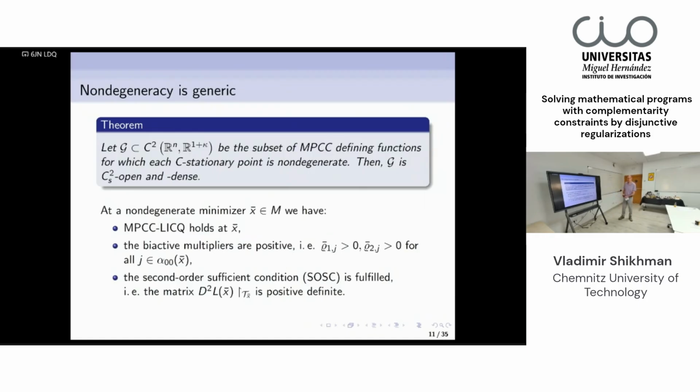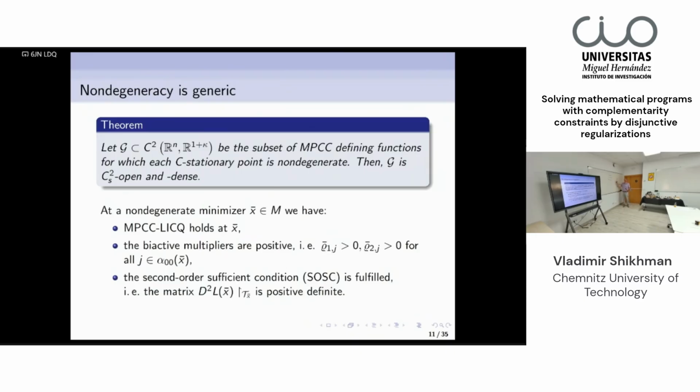So, this is maybe important, if we look at a non-degenerate minimizer in particular, the first condition is LICQ, and the Lagrange multipliers must be positive. This is simple to see. If you have positive Lagrange multipliers, then in normal coordinates your function looks like plus plus.